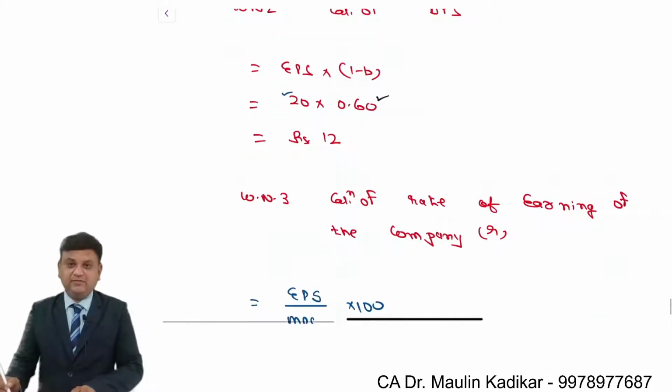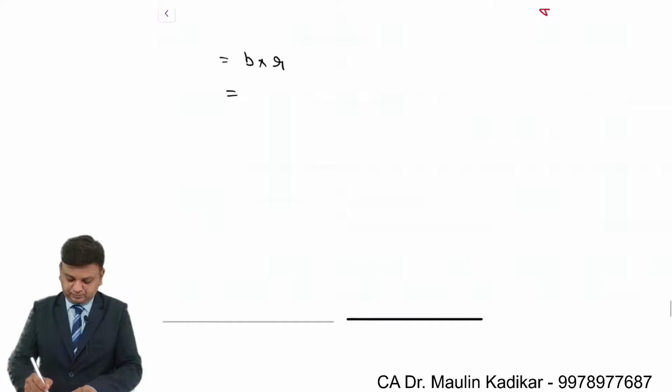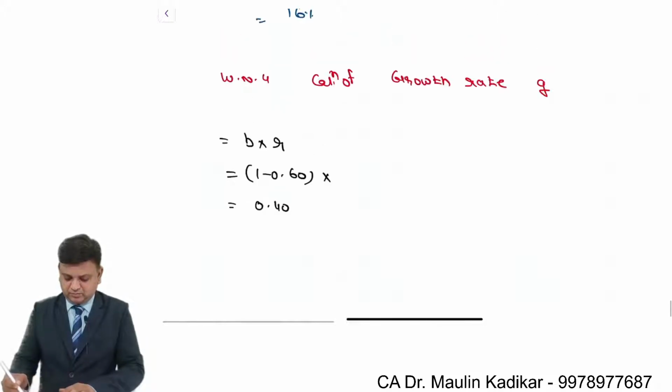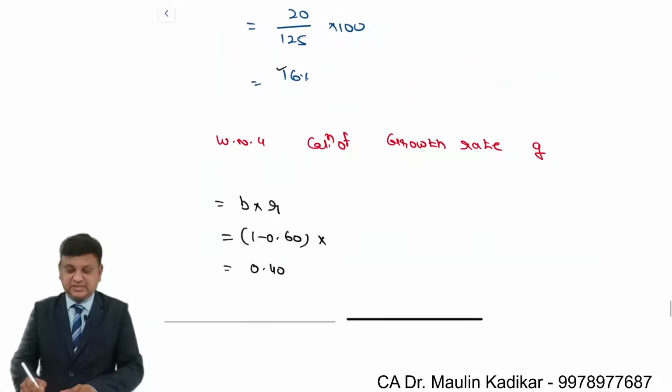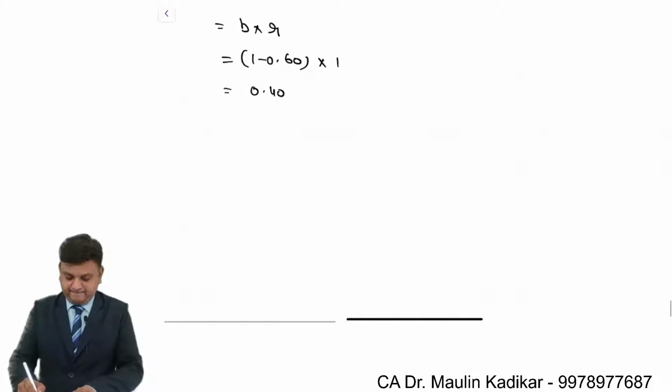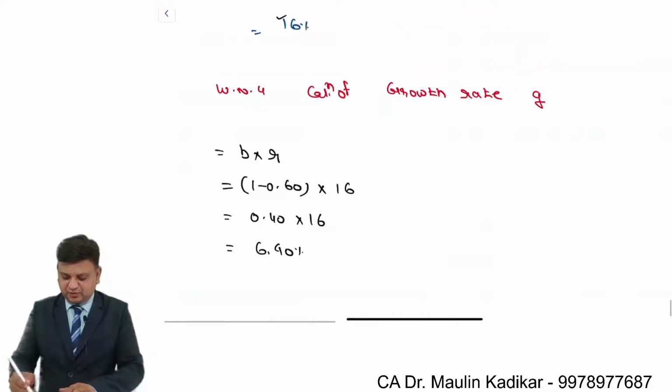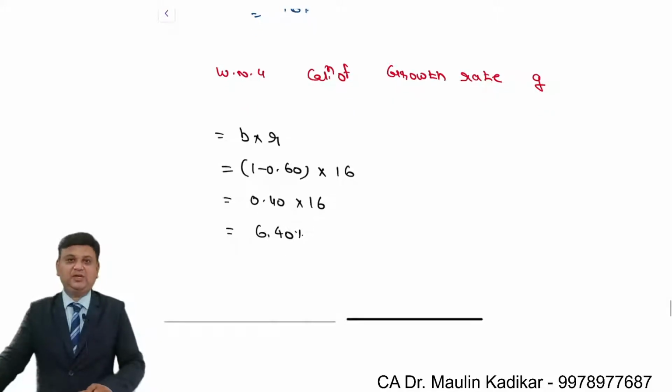We can see that the dividend payout ratio is 60%, so the remaining 40% is the retention ratio. Rate of earning of the company is 16%. So this is 6.4%. That is the way growth rate is supposed to be calculated, which will be useful for calculating K.